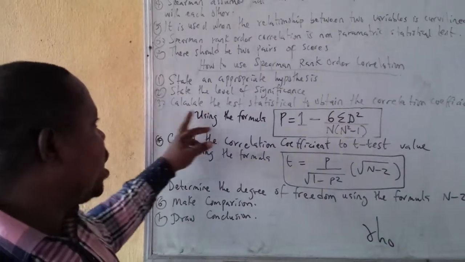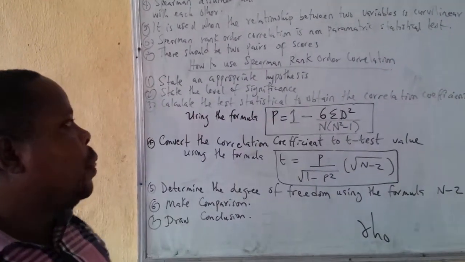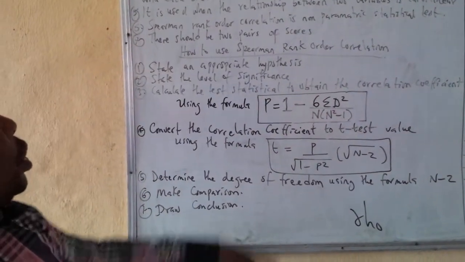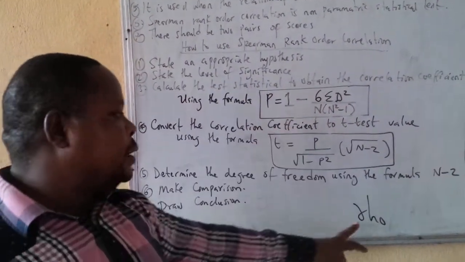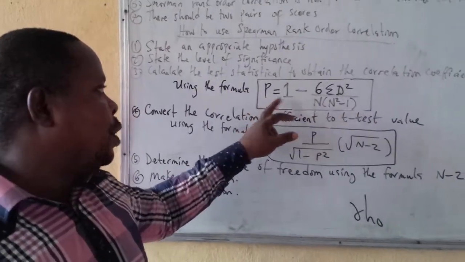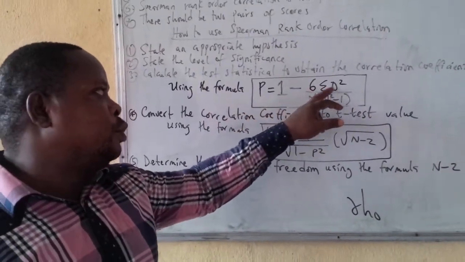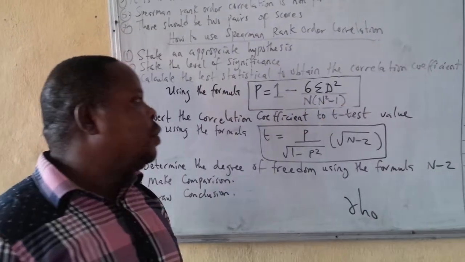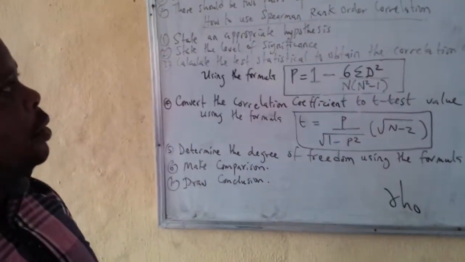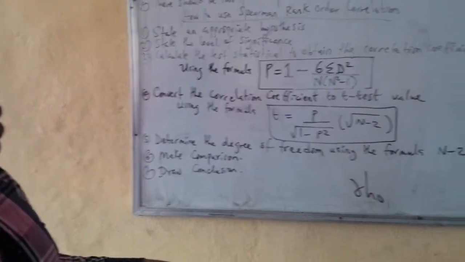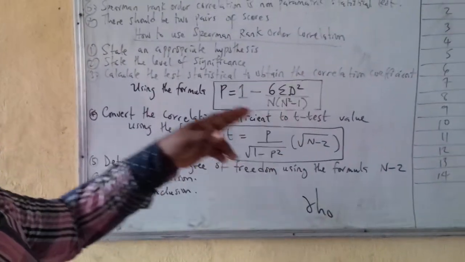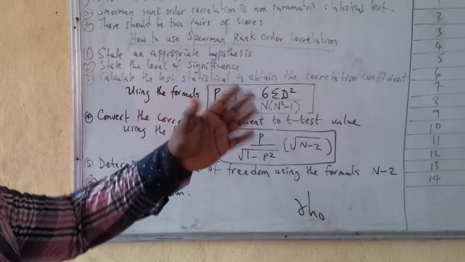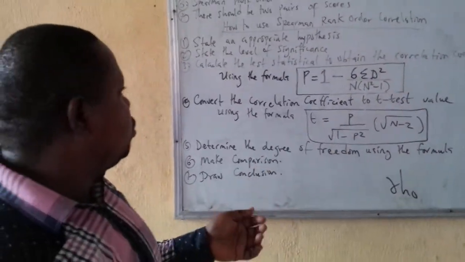And then step 3, calculate the test statistics to obtain the correlation coefficient using the formula P. I said it can be rho, can be P equals to 1 minus 6 into D square all over N into N square minus 1. And then for you to do that, you must rank each of these scores. You must rank them. We are going to come to that.